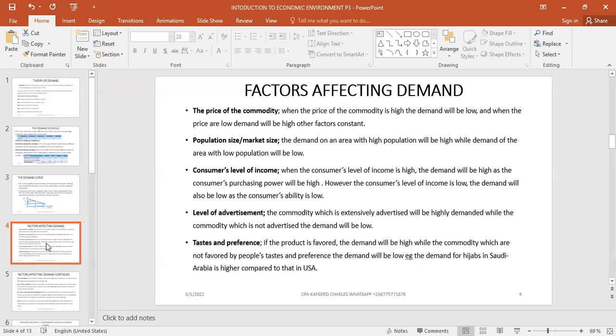But when the consumer's level of income is low, we expect them not to have enough disposable income, which will lead to a low demand.